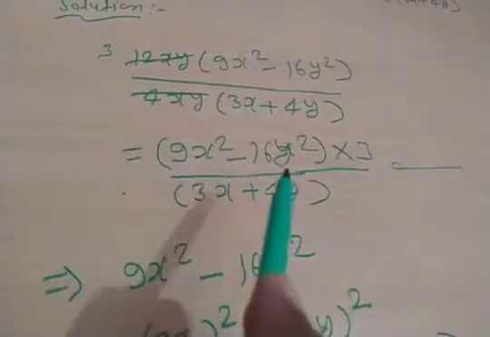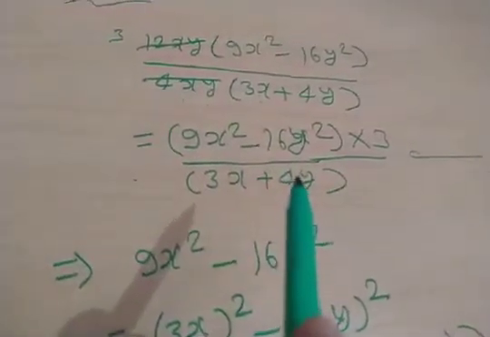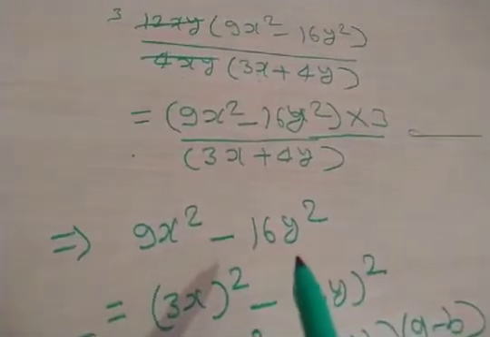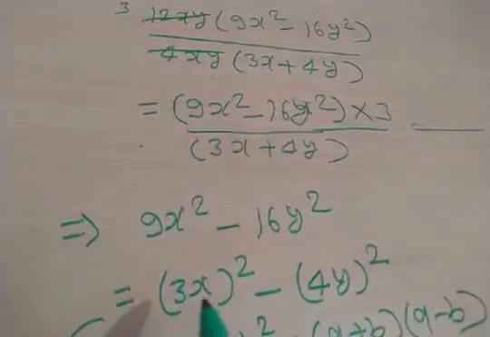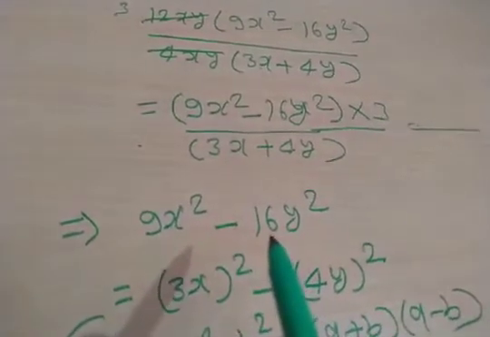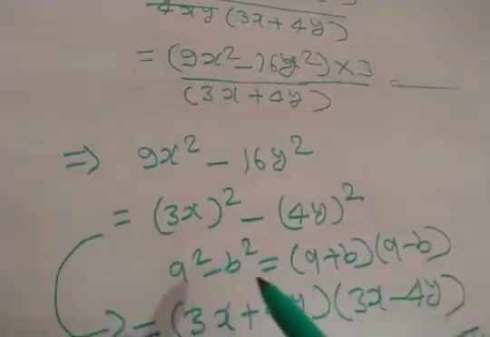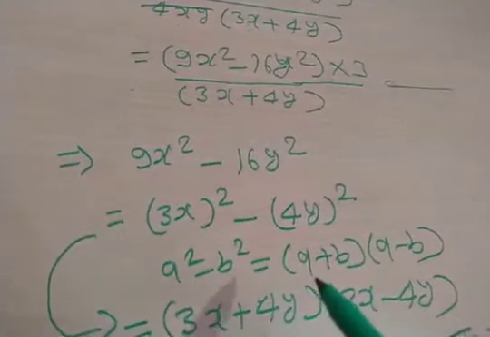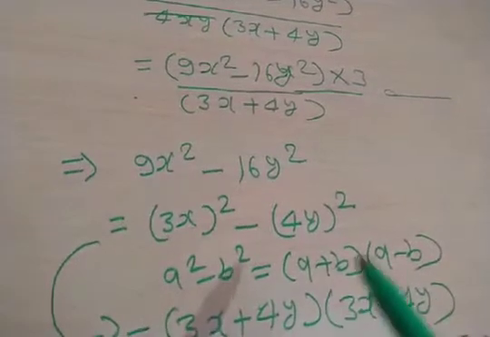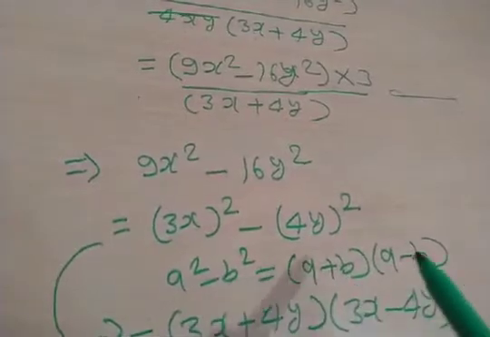Now we first factorize this, then we divide. First we factorize 9x square minus 16y square. So you can write 9x square means 3x whole square, and 16y square means 4y whole square. Okay, so we know the difference of two squares is the sum of the terms into the difference of the terms: a square minus b square is equal to a plus b into a minus b.